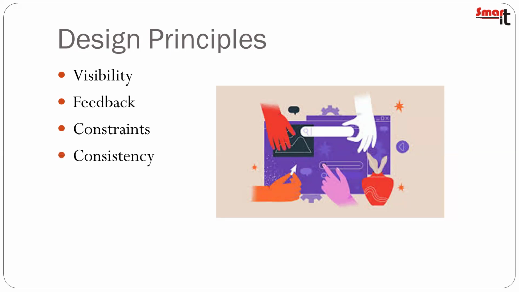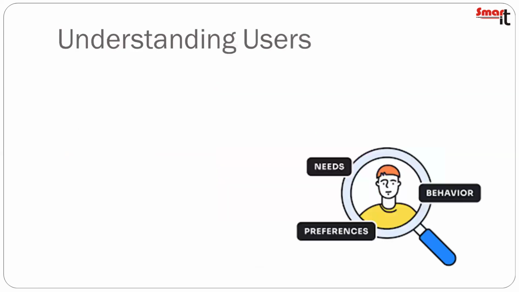And consistency: one user interface of the same app cannot be entirely different from the next user interface, right? So there must be a continuous, consistent manner. And affordance: the design must be affordable and usable, and this is called affordance.